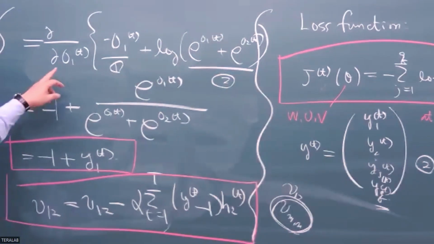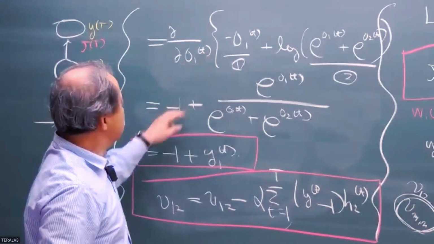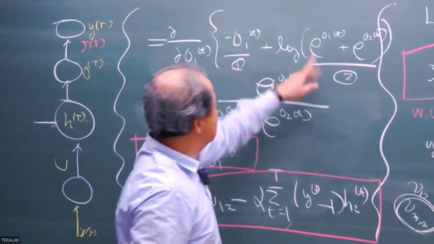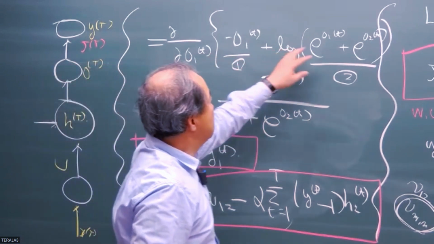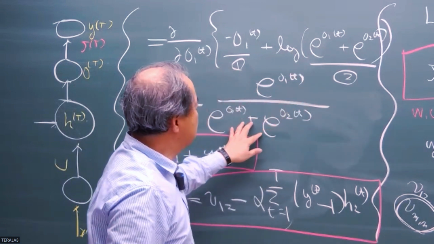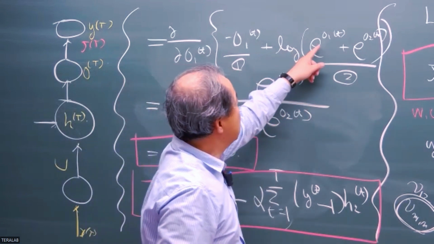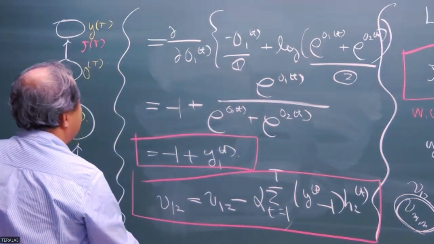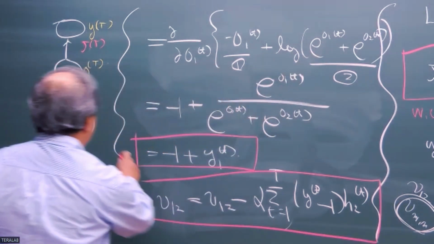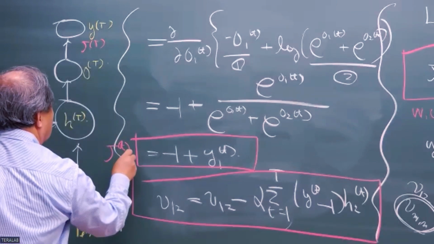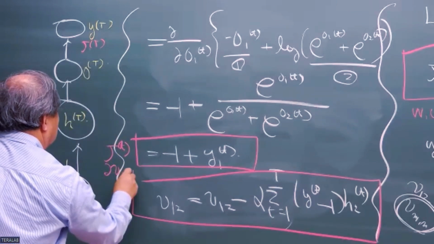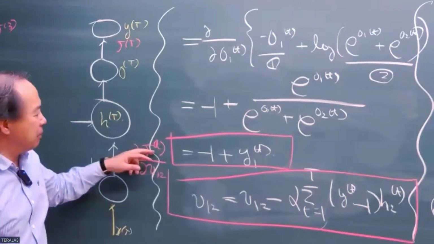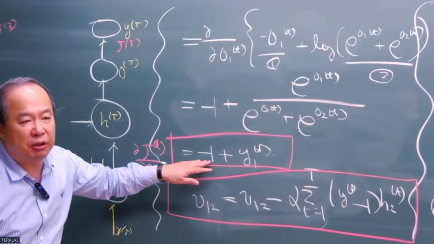And then the derivative of itself is becoming -1, and the derivative of the log exponential function becomes, log means this came down to the denominator, and then we do the differentiation of that, then it becomes itself. And very simply, the derivative of the loss function at time step t is becoming a very simple function.